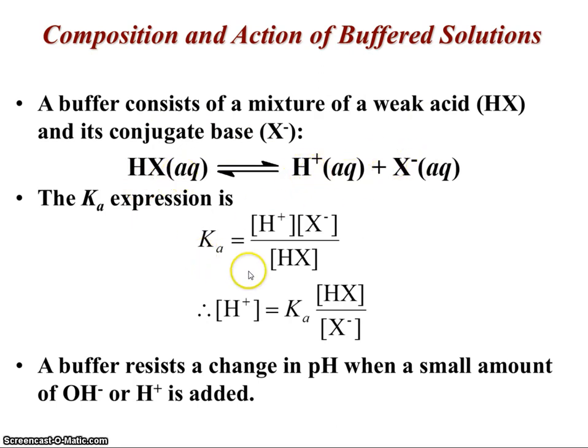Our K expression would be the H plus and the conjugate base over the conjugate acid, and so our H plus concentration is going to be about equal to Ka times the ratio of the conjugate weak acid to the conjugate weak base. So if I add a little bit of H plus and shift one of these a little bit, it's not going to change the overall pH very much.